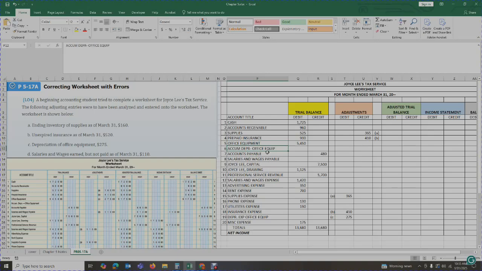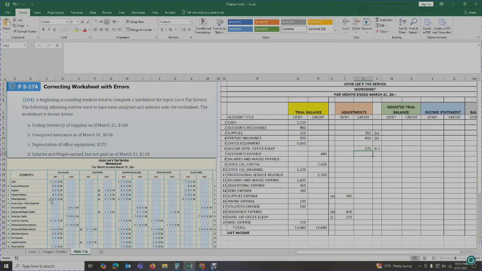To calculate the book value of the equipment, you get the office equipment less the accumulated depreciation, and that will give you the book value. So in this particular case, we are recording the depreciation. We debit depreciation expense and we credit accumulated depreciation for the $275. So that is letter C.